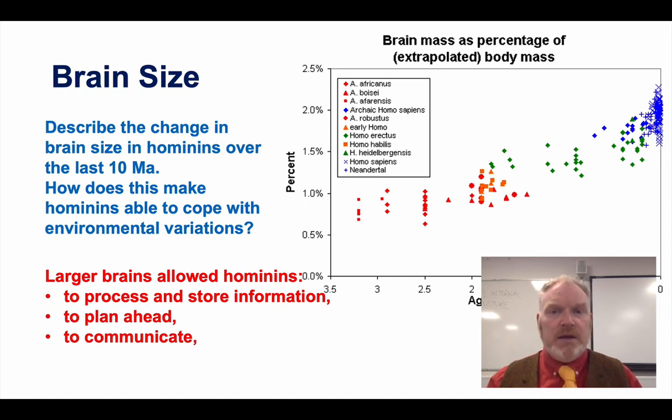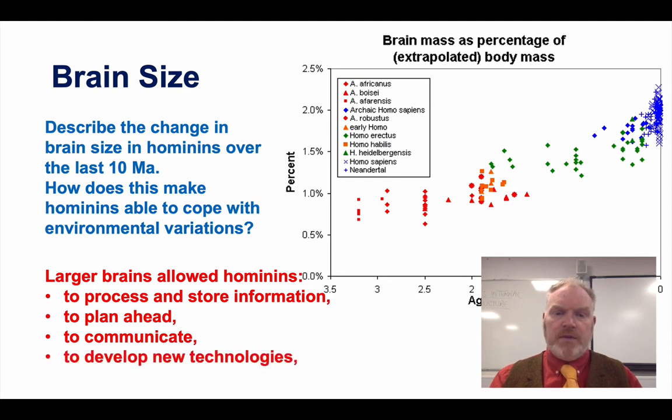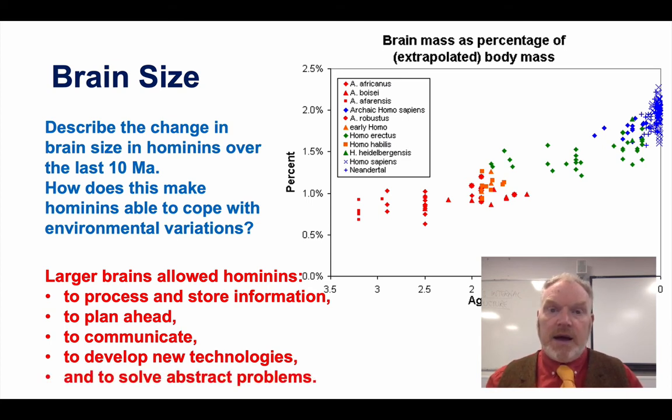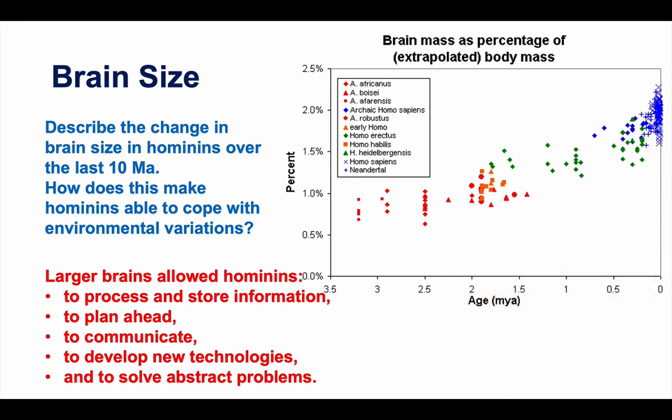That could be one of the advantages that communication would give. And to develop new technologies, new ways of coping with this environmental variability. And, I hope very much, to be able to solve abstract problems. To be able to think through the challenges of survival.